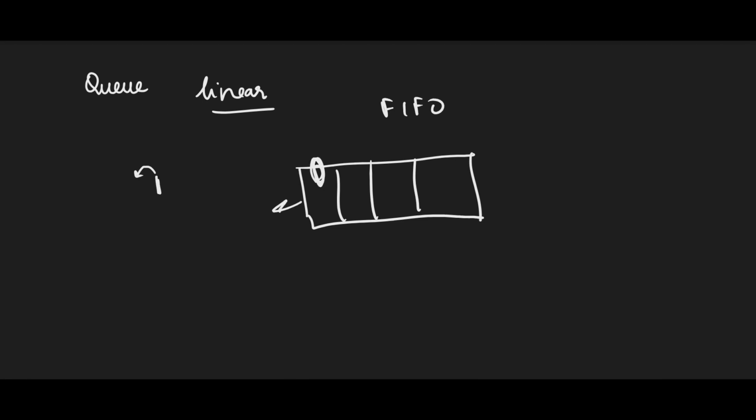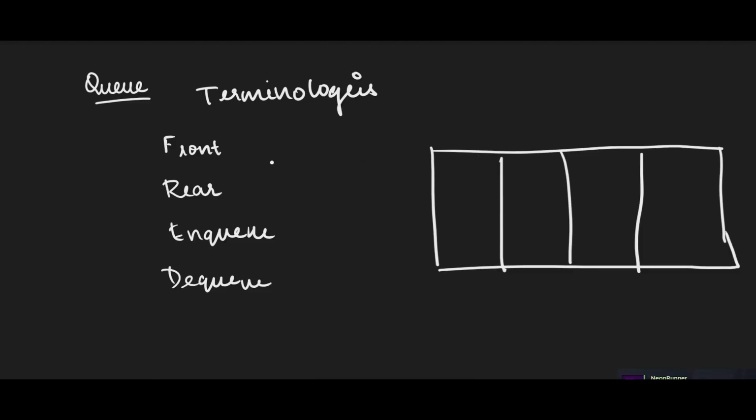So there are a few basic operations in queue. Now let us look at that. These are the basic terminologies that we will be using in a queue. So what is front? Front is the starting position, that is the 0th index. When we are taking an example of array, the 0th index will be front. The first position in a queue is called as front.